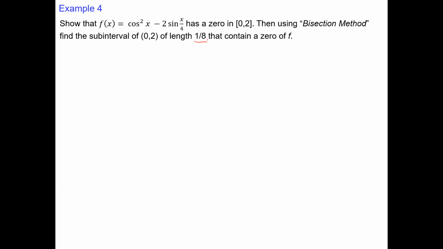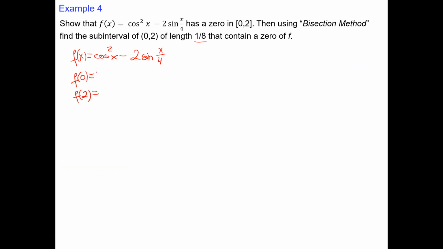Okay, so we can see the function formula is a little bit crazy. We probably would not even know exactly how this function looks. It's a trigonometric function, cosine squared of x minus sine x over 4. But first of all, let's find the values at 0 and at 2.